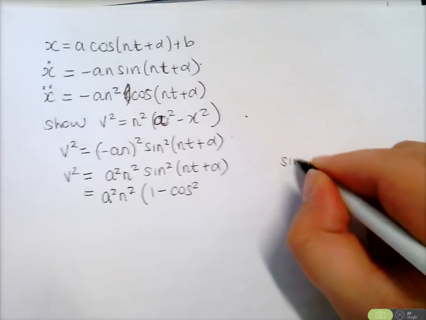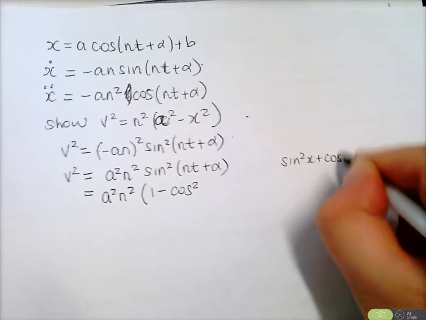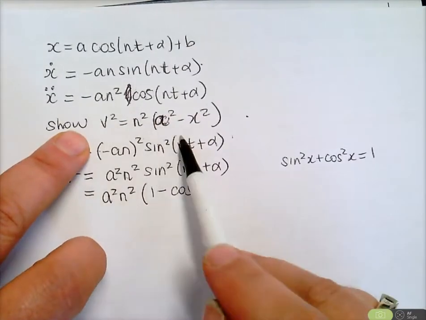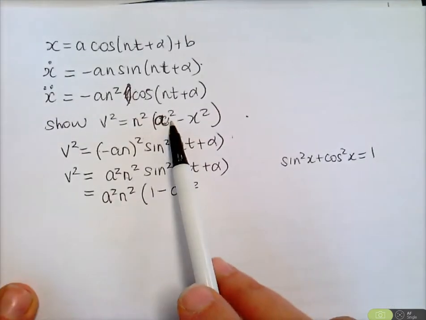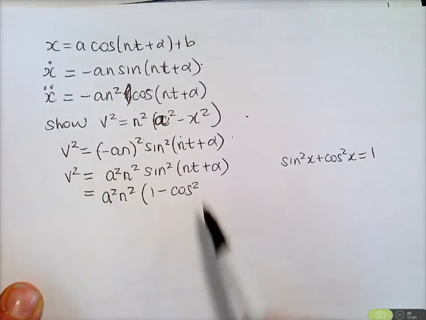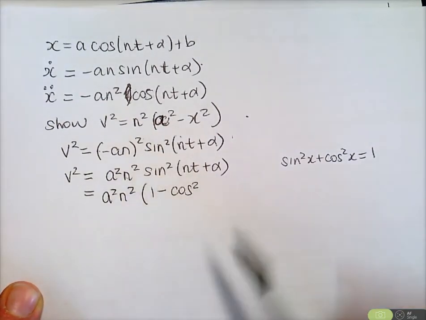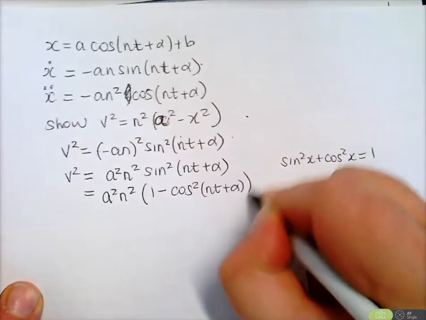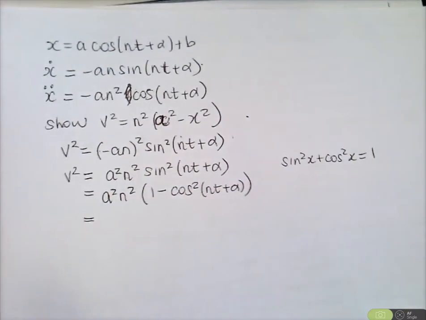You know how sine squared x plus cos squared x equals 1? So if you have to show this result, a squared, a is in terms of cos, and so is x. So you want to change this sine squared form and write it as 1 minus cos squared(nt + alpha). Now what do you think you can do?